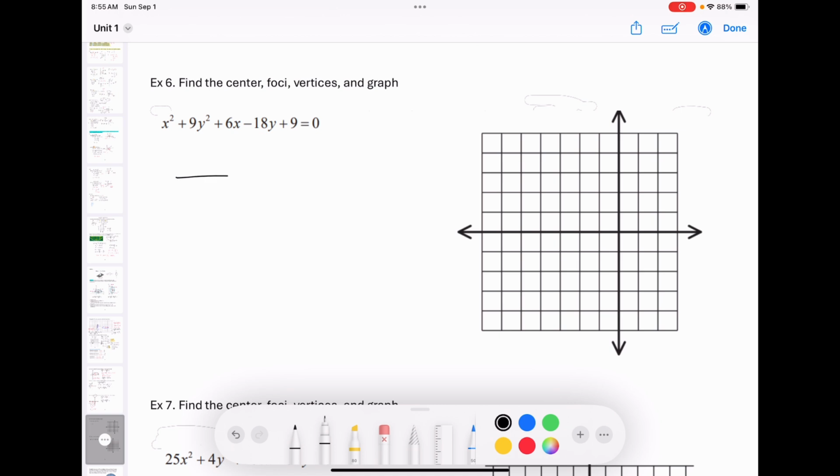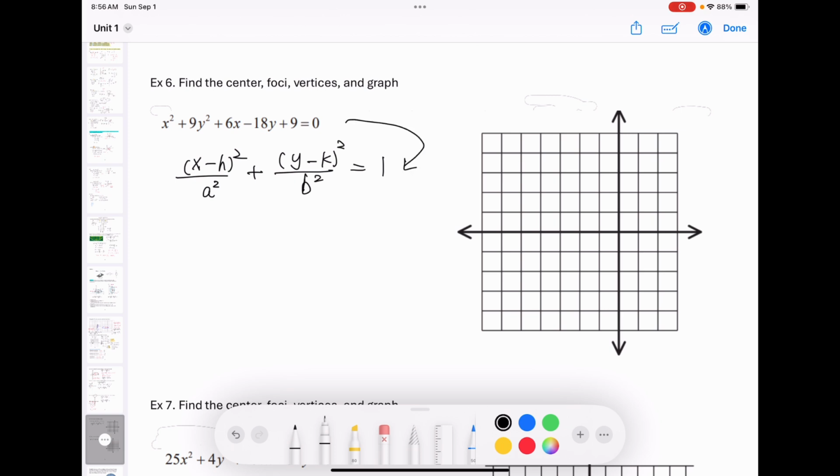The ellipse equation is x minus h squared over a squared plus y minus k squared over b squared is equal to 1, if we have the major axis horizontal. But this polynomial equation doesn't have the perfect squares. We need to convert it to the standard form.